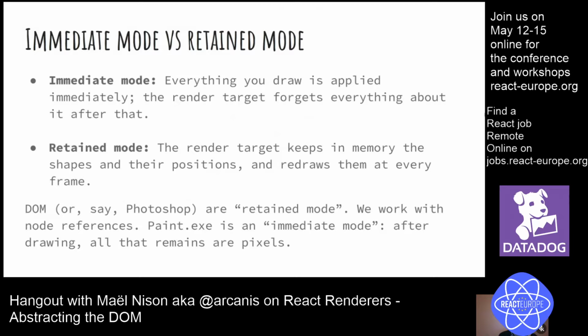The DOM is a retained mode API because you are creating a tree where each node is stored inside the tree. So you can just mutate one tree and all the others will be reprinted as needed.